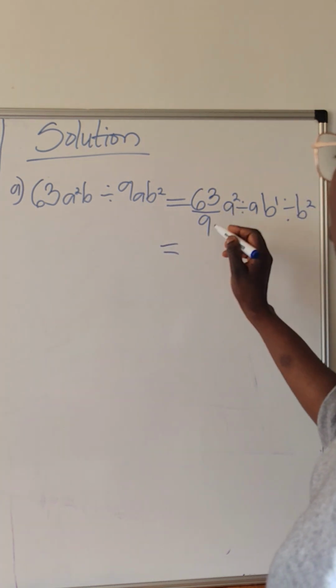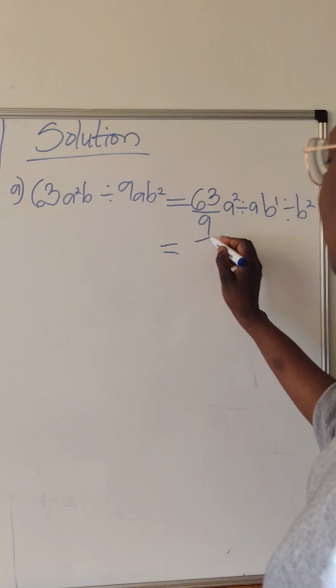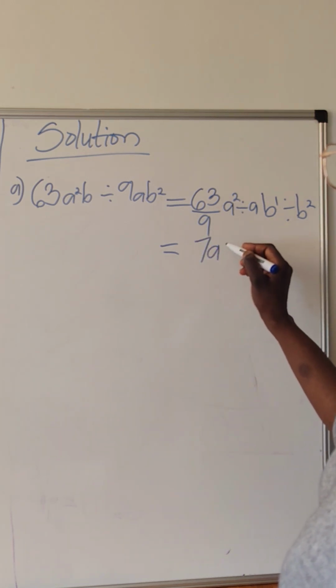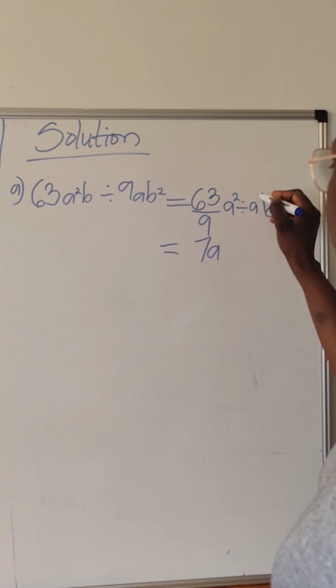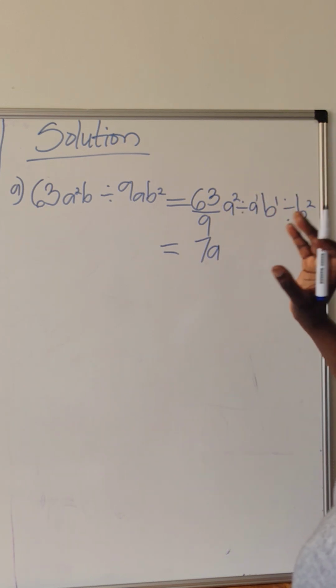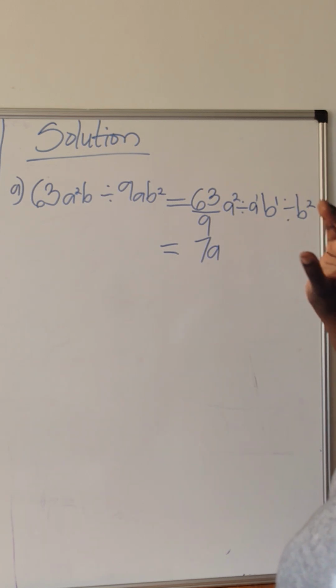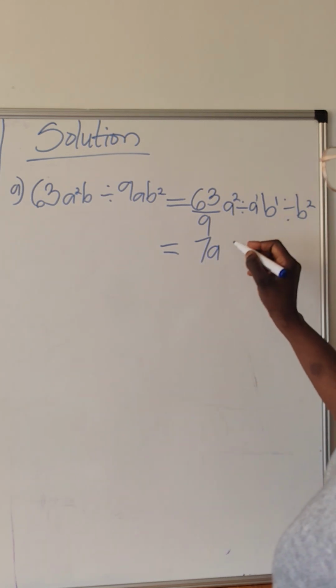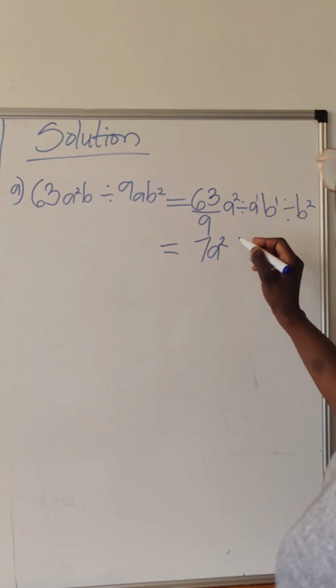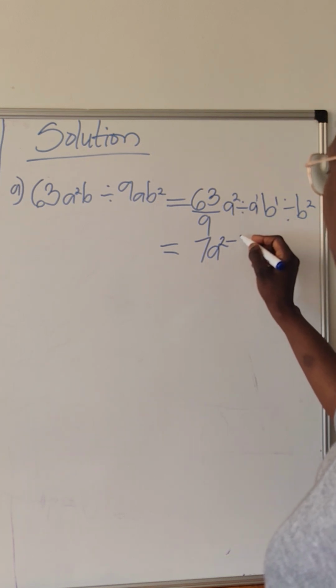So 63 divided by 9 will give us 7. So for a squared, and the other a is raised to power 1, because when it is just a like that, it means a appears once. So we have a raised to power 2. For the division law, it will be minus 1.